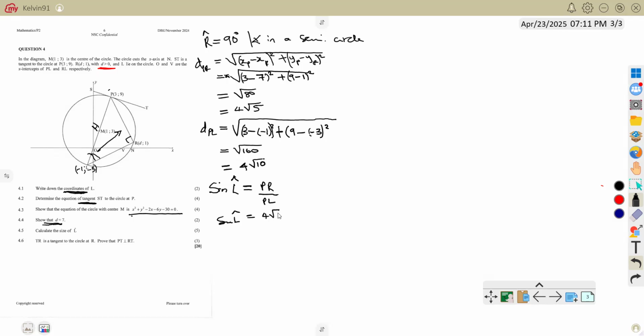So our sine L will be equal to 4 root 5 divided by 4 root 10. So L is equal to sine inverse, this 4 and this 4 cancel, so sine inverse of root 5 over root 10. Then you simplify, use your calculator.